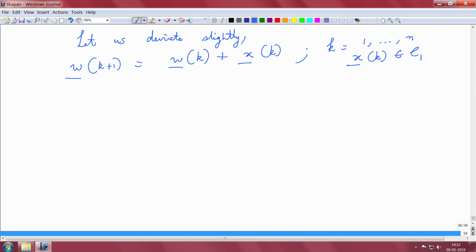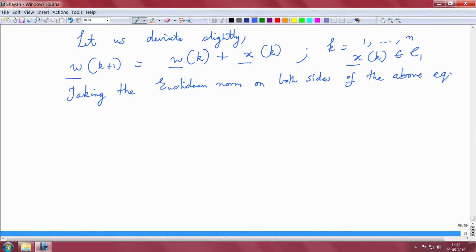Now, what we do is taking the Euclidean norm on both sides of the above equation, we have norm of W k plus 1 square.